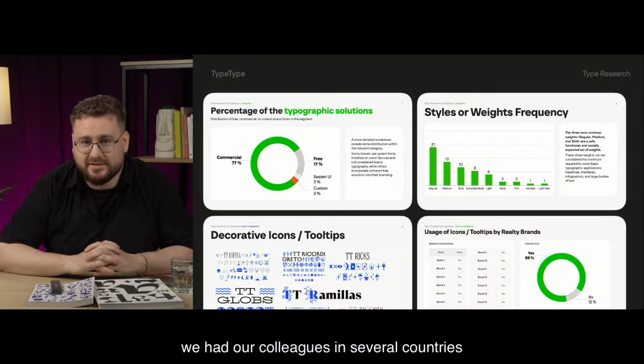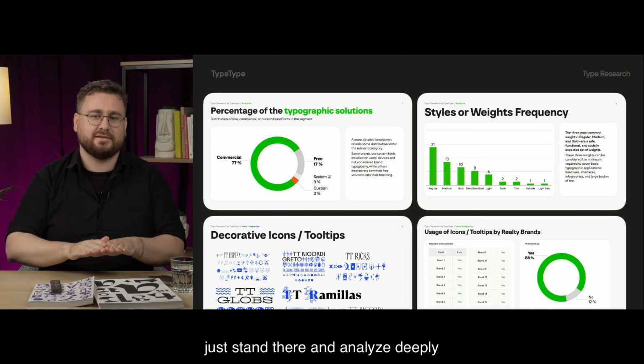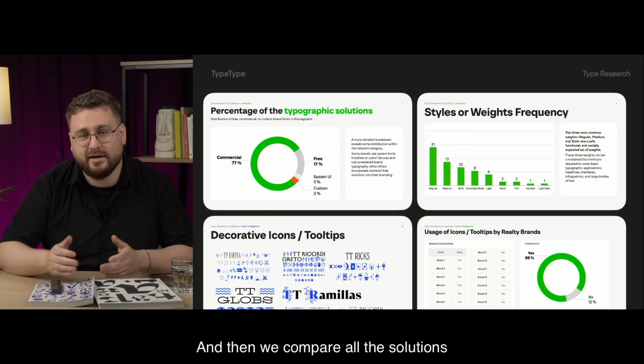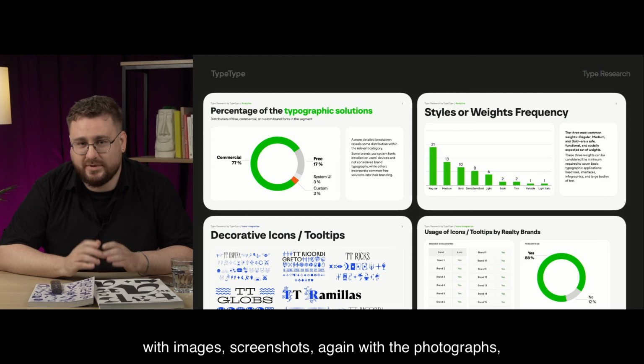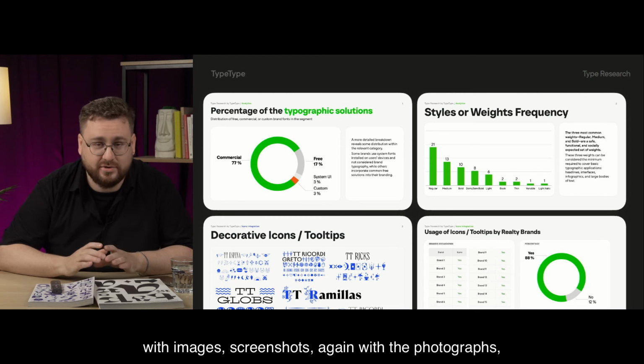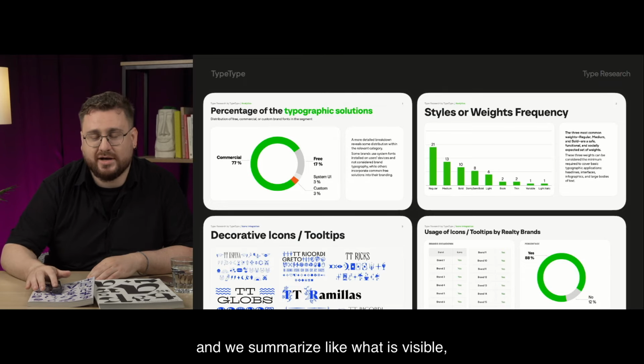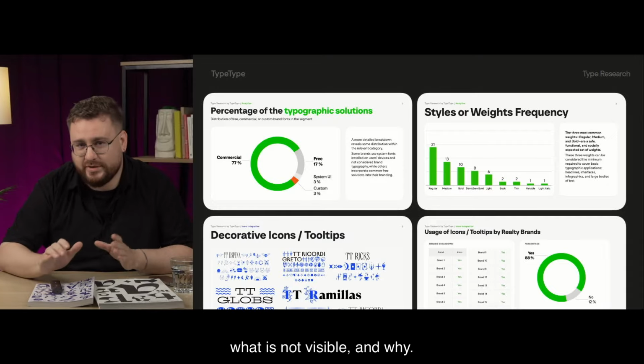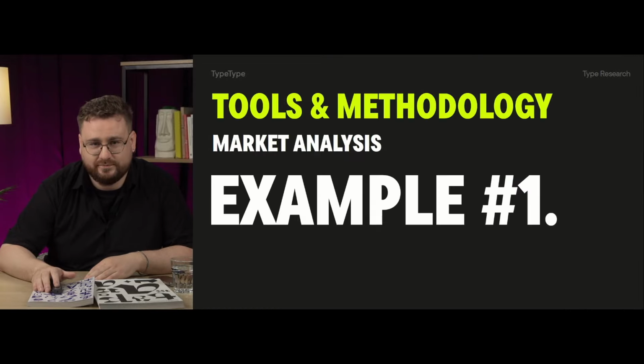It could look different from the perspective of the cashier, for example, or other visitors, but we were analyzing, just standing there and analyzing deeply with a very smart face. And then we compare all the solutions with images, screenshots, again, with the photographs, and we summarize what is visible, what is not visible, and why.